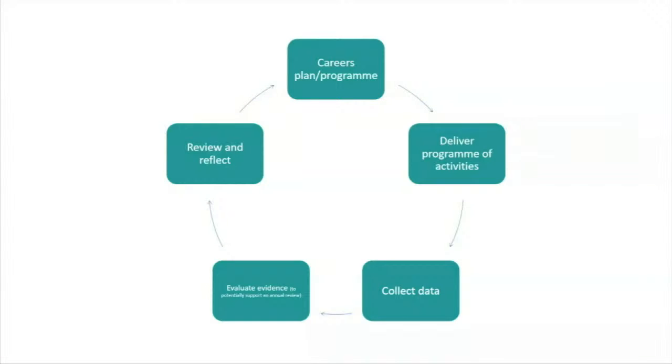Then collect data about the implementation and the impact of that delivery. Moving on to evaluating the evidence collected, and review and reflect on the vision and the strategic objectives and therefore the programme content going forward.